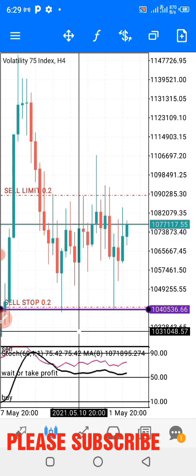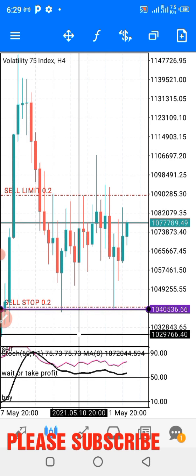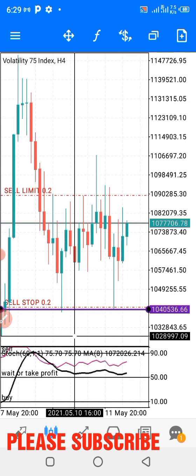Let's say I have a $10 account and I want to lose just $2, or I have a $100 account and I want to lose $10.